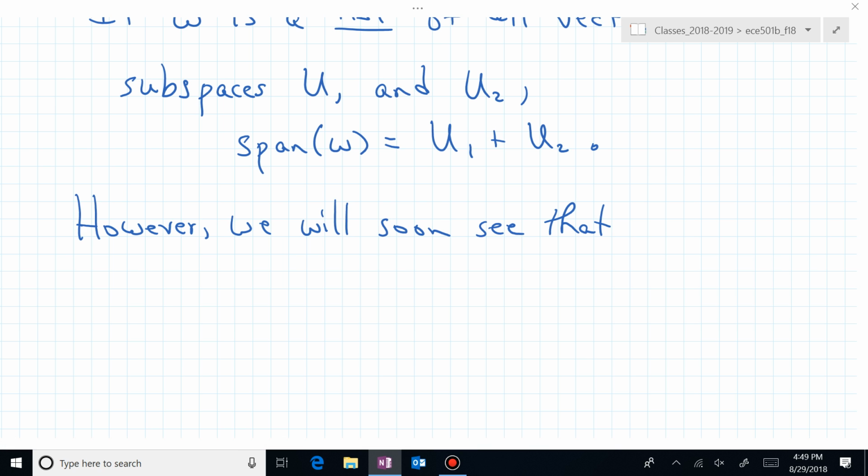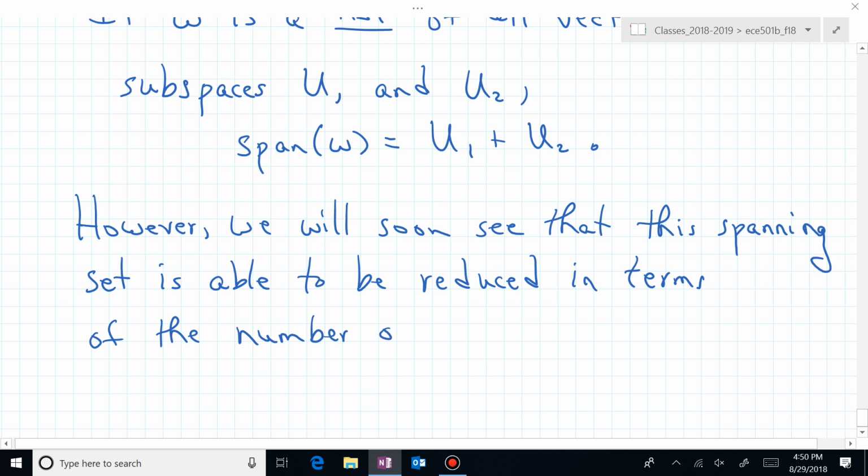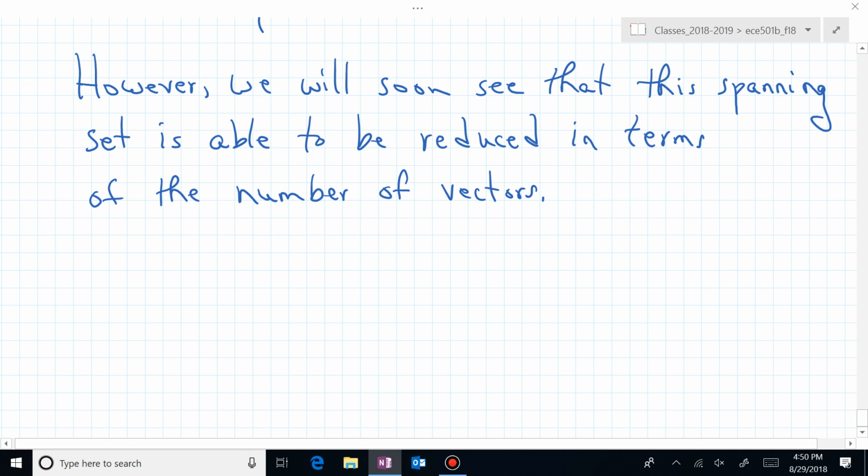However, we will soon see that this spanning set is able to be reduced in terms of the number of vectors that we need. So let's introduce some terminology.